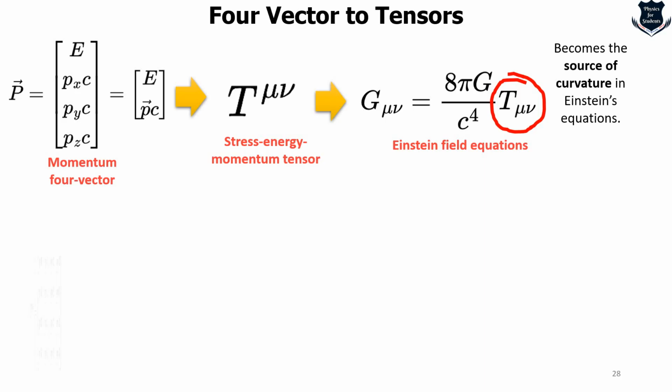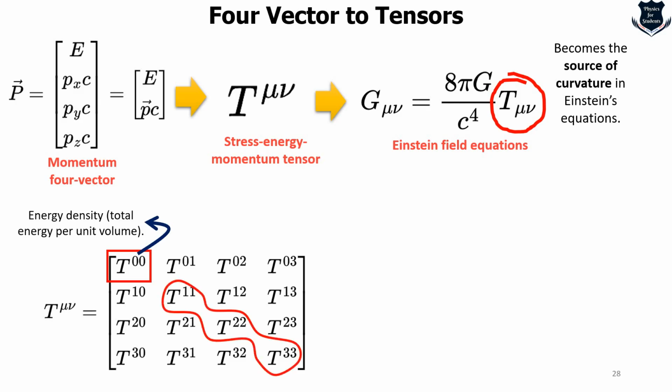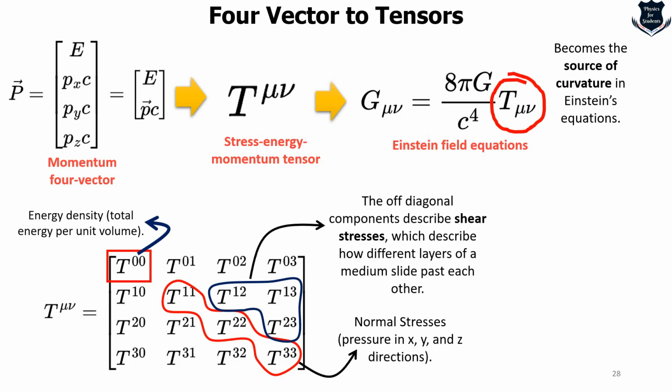The stress energy momentum tensor in terms of a matrix looks like this. Here T00 is the energy density, the total energy per unit volume. The diagonal components, T11 and so on, describe normal stress or pressure in the XYZ directions.